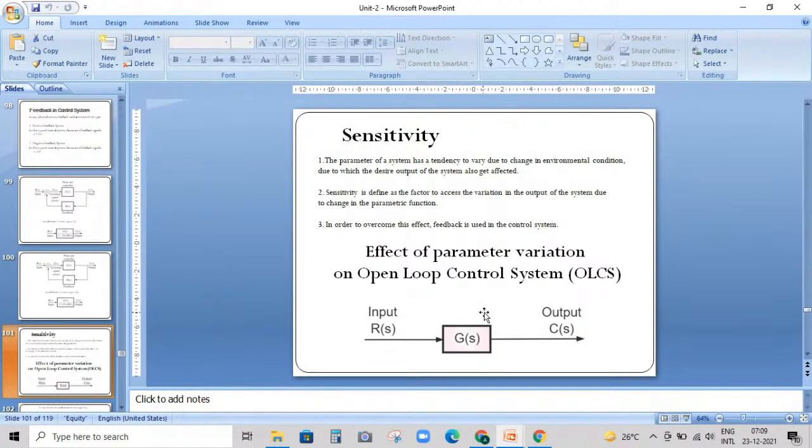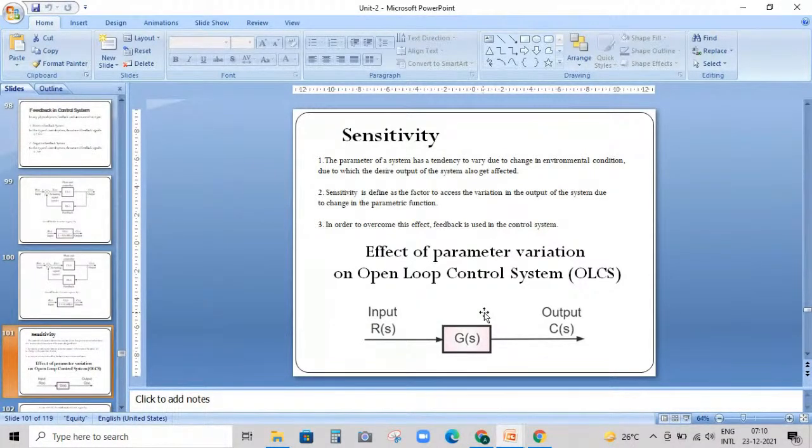So what is sensitivity? It is nothing but a parameter through which we are in a position to identify how the output of the system is going to change if some parameter of the system is going to vary. That parameter may vary due to change in the environmental condition, like internal disturbances or external disturbances, and that is responsible for changing the output of the system.